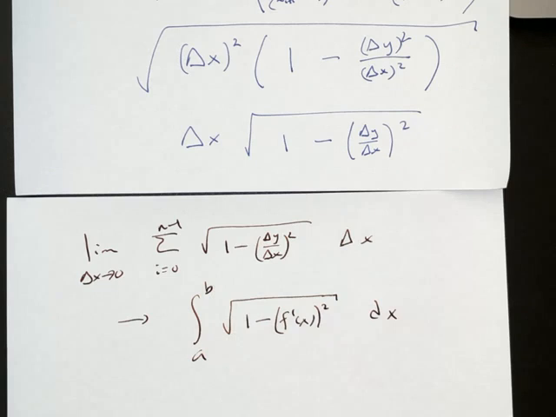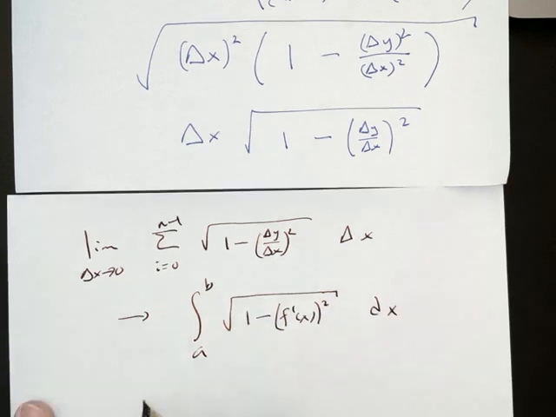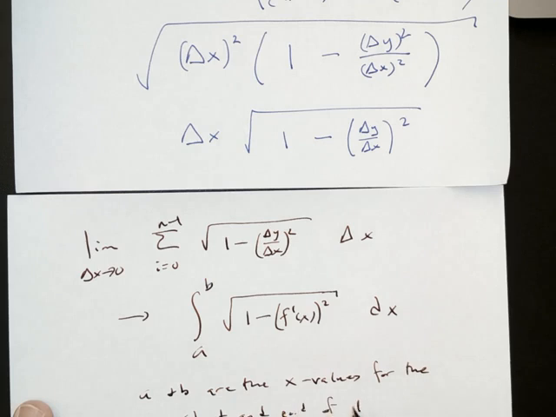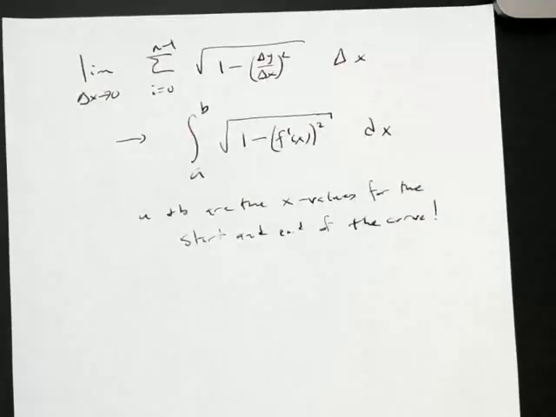I'm starting at the x value for point 0, and I'm ending at the x value for point 1, all the way at the other end of the curve. This integral is the length of our curve.